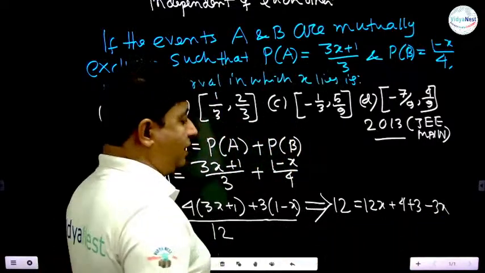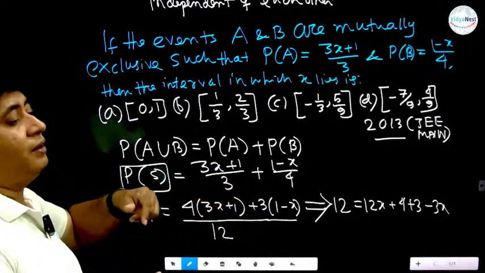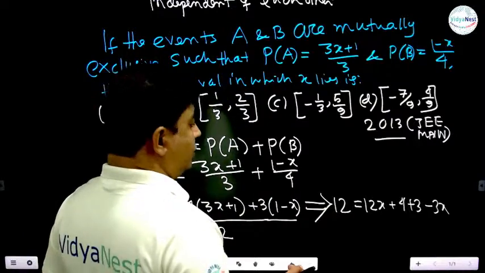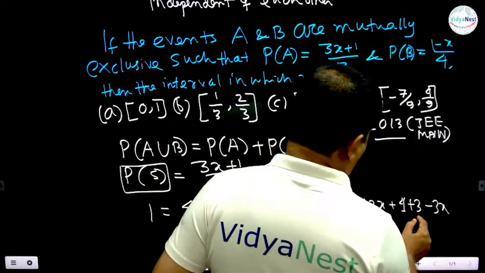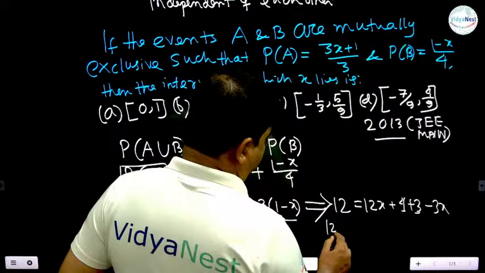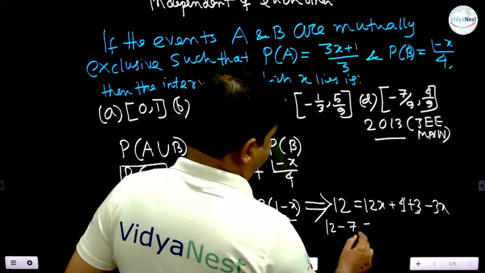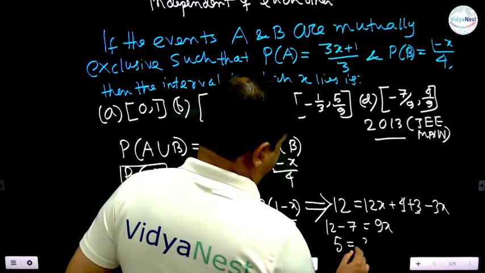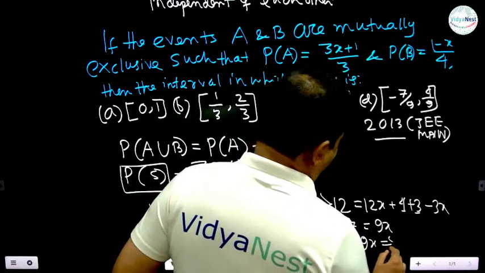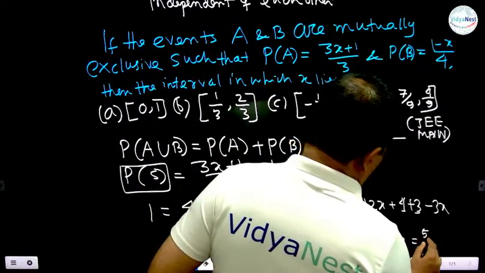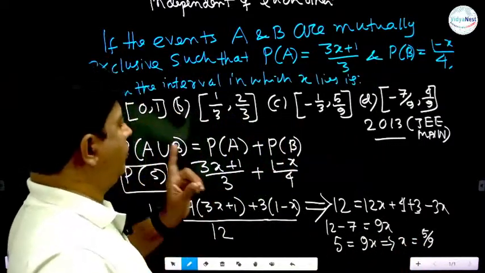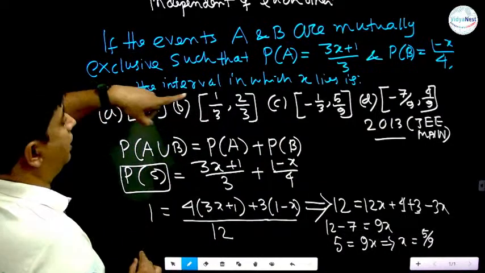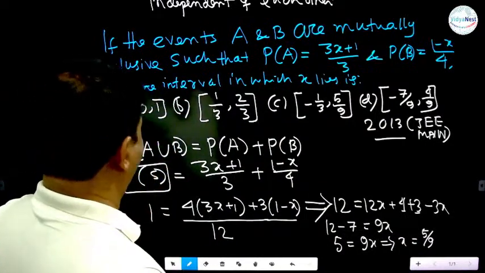All the algebraic terms are to be kept on one side and numerical terms on the other side. So 4 plus 3 is 7, 12 minus 7, 9x. So, what will be x? 5 by 9. Once you get 5 by 9, does it belong to this interval? 5 by 9.